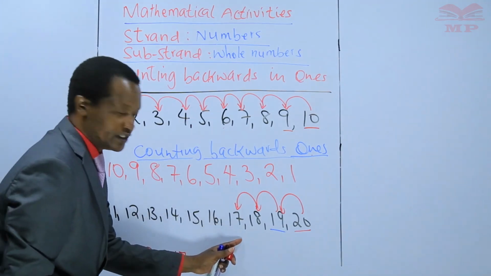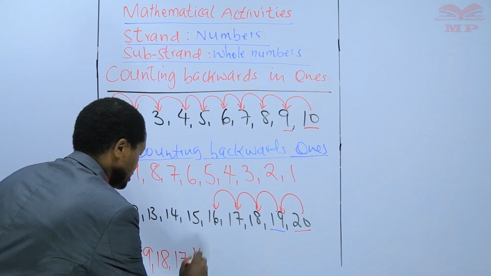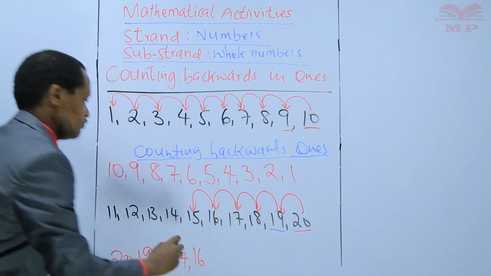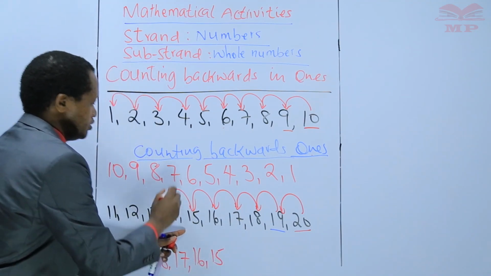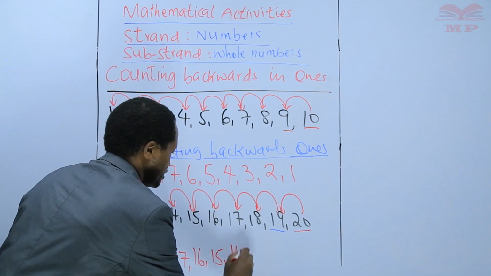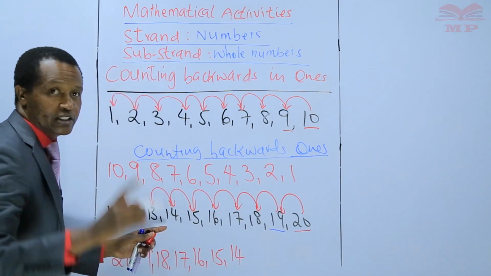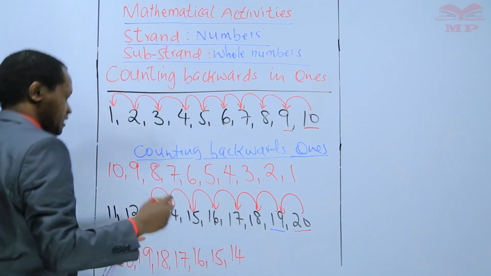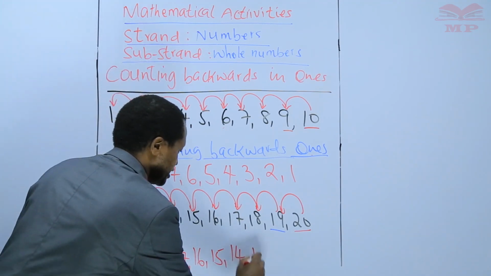Next, from 17, we move to 16. From 16, we move back to 15. Then we move back to 14. From 14, backwards to 13. We are taking one step back at a time. So we write 13.